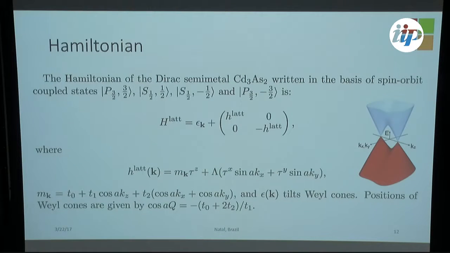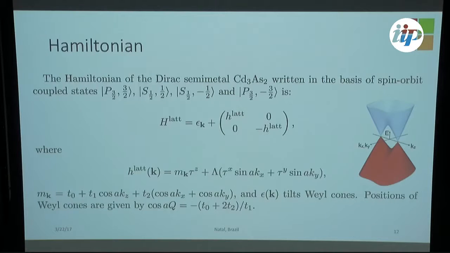It has 2 Dirac points in the Brillouin zone, and its Hamiltonian is written in the basis of p and s orbitals, and it has 2 effectively decoupled blocks. Each has 2 Weyl nodes. The position of Dirac nodes is just determined by when this mk term crosses 0 energy.